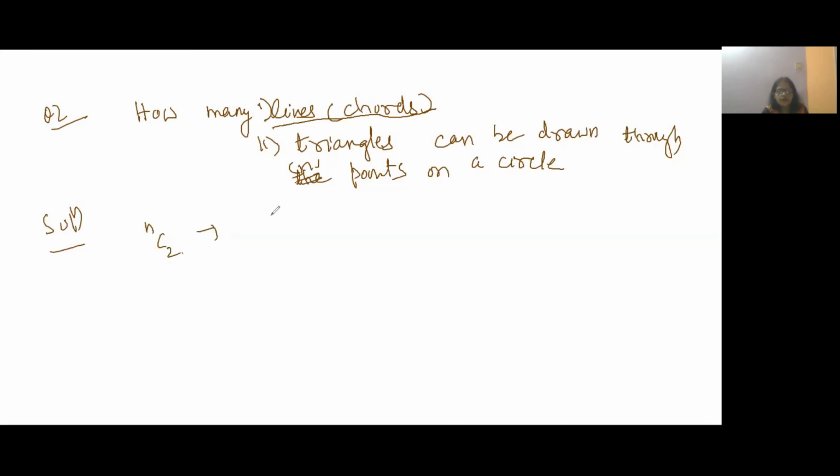You can write it as factorial n over factorial 2 factorial n minus 2. So n minus 1 into n divided by 2. Okay. So this is how many lines.